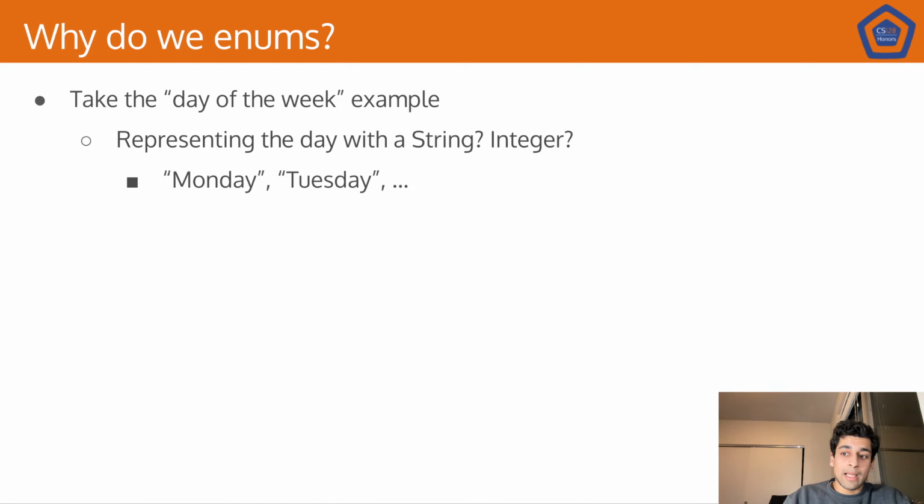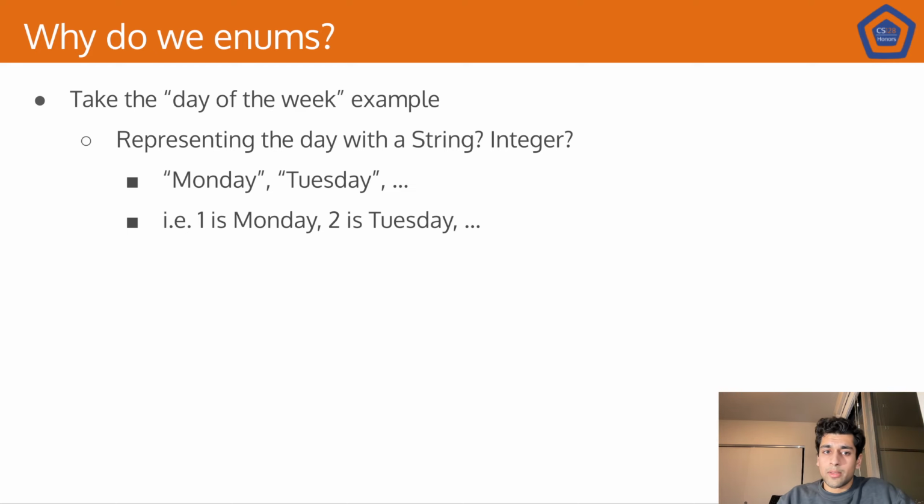The programmer will have to take care that the variable that's passed in as a day of the week string is actually valid. If you take an integer, 1 is Monday, 2 is Tuesday. Well, what if your variable that is representing your day of the week is something you didn't consider, say -1 or a 0? The programmer has to do the type checking and to make sure that whatever input that they're representing a day of the week as is actually valid.